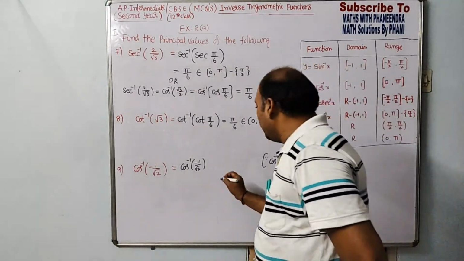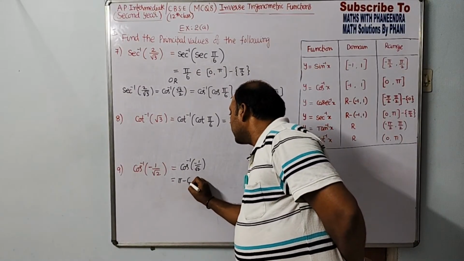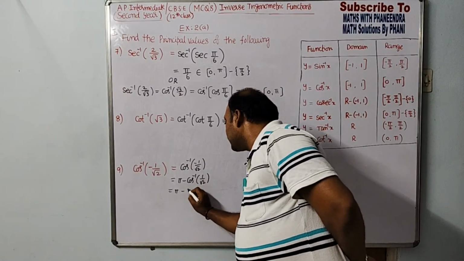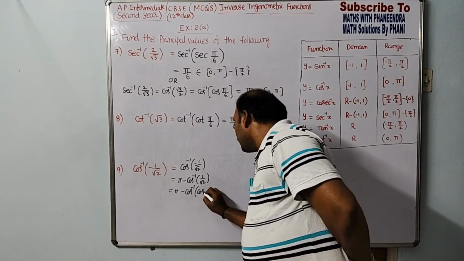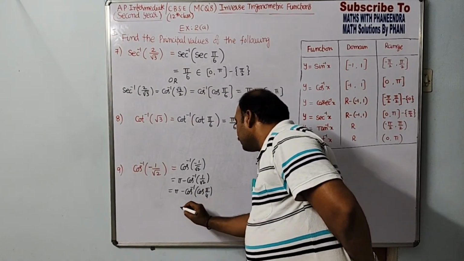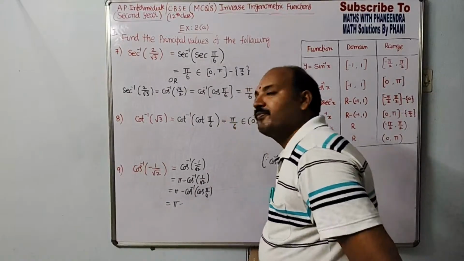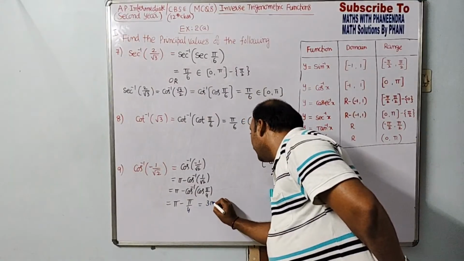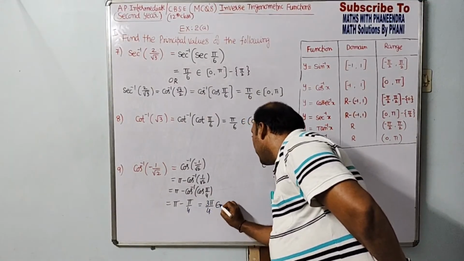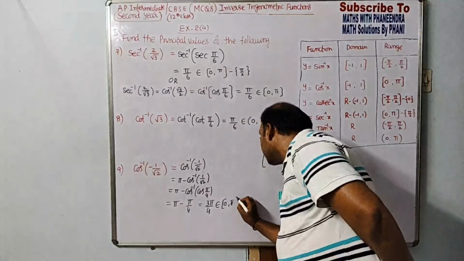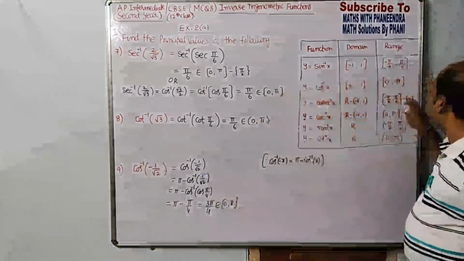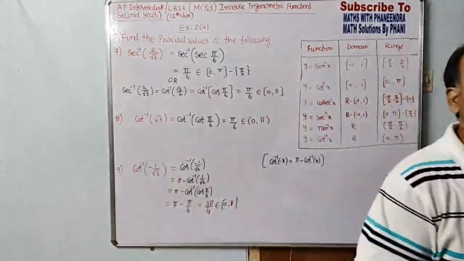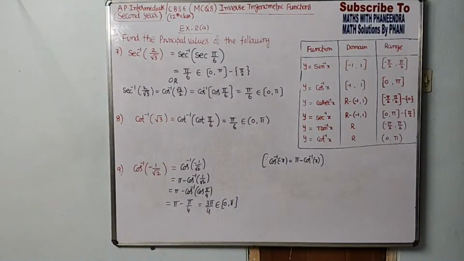So by using this formula, pi minus cos inverse of 1 by root 2, which is equal to pi minus cos inverse of cos pi by 4, that is pi minus pi by 4, which is equal to 3 pi by 4. So 3 pi by 4 belongs to the closed interval 0 comma pi, because the range of cos inverse x is 0 to pi. So 3 pi by 4 is the principal value of cos inverse of minus 1 by root 2.